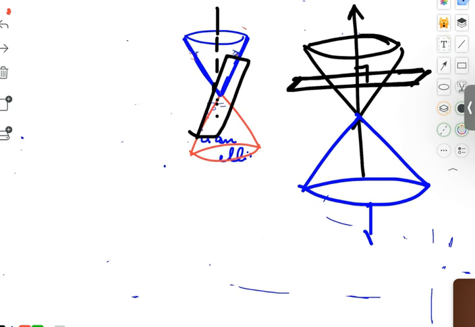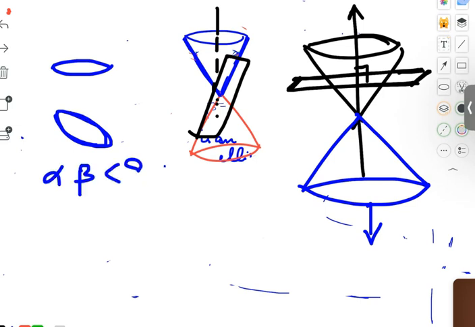So we are not talking about cutting when beta is equal to 0. We are talking of when beta is equal to 90 degrees. We get a circle when it is 90 degrees. We get an ellipse when beta is between alpha and 90, or beta is acute.